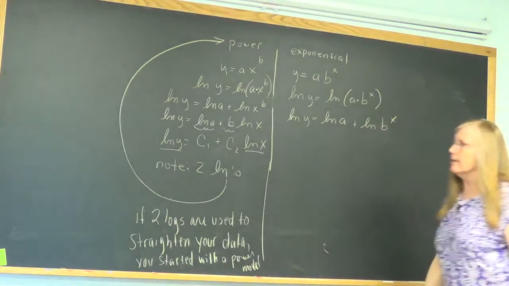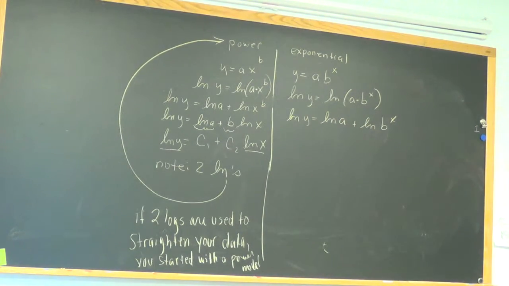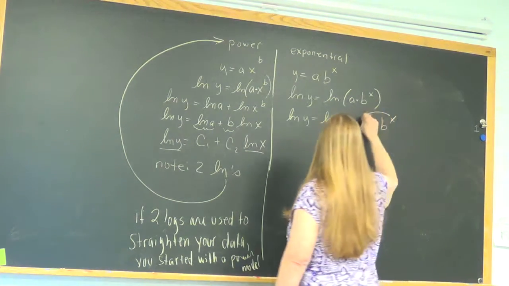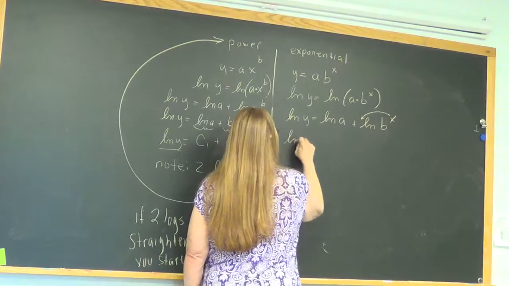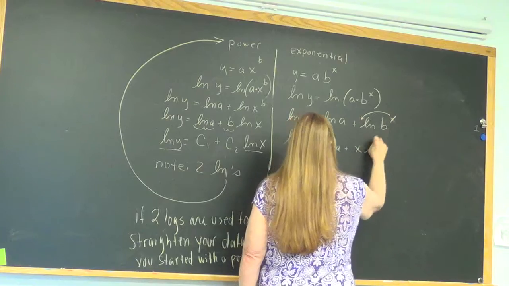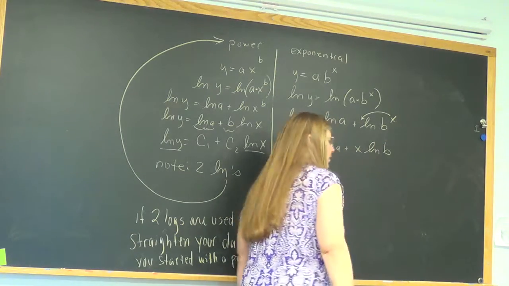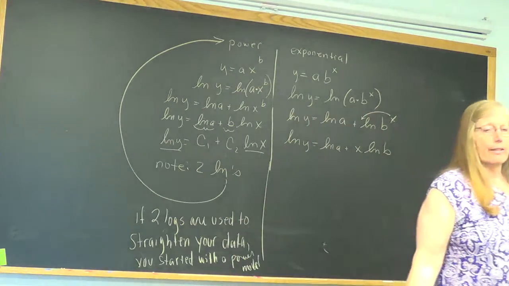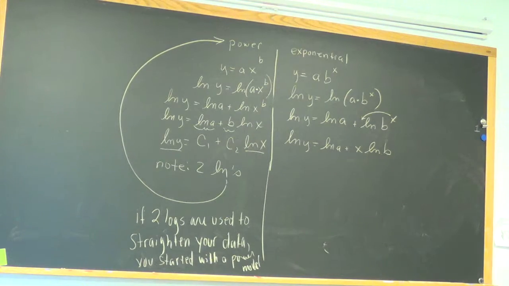So very similar to the concept that we just saw on the power side. So now, what rule is left? Once again, the exponent can run down in front. And now you can christen some things constants and some things that aren't constants. So see if you can figure out what is a constant now and what isn't.